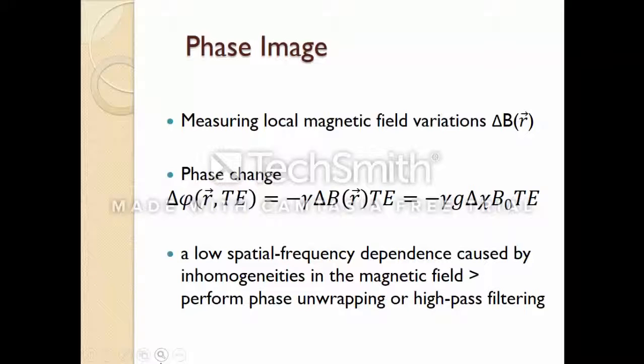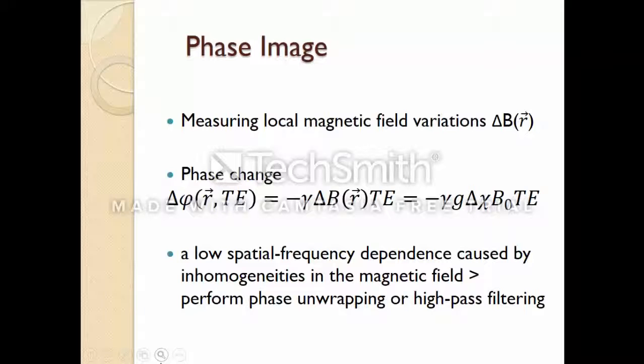The formulation is shown here. Gamma is the gyromagnetic ratio, delta B is the field variation, and T is the echo time. We can rewrite this equation with G and delta chi. Here G is the geometric constant, which depends on the object, and delta chi is the susceptibility difference. I have to define susceptibility for you.